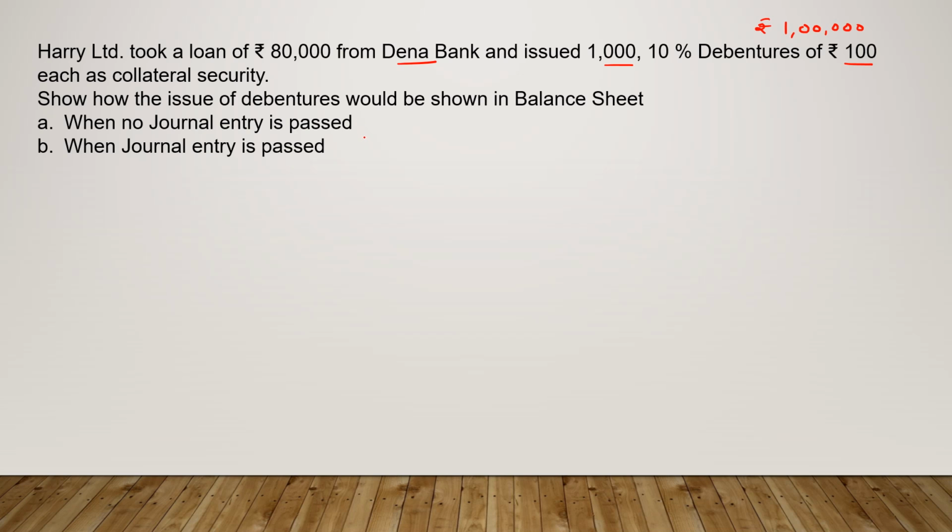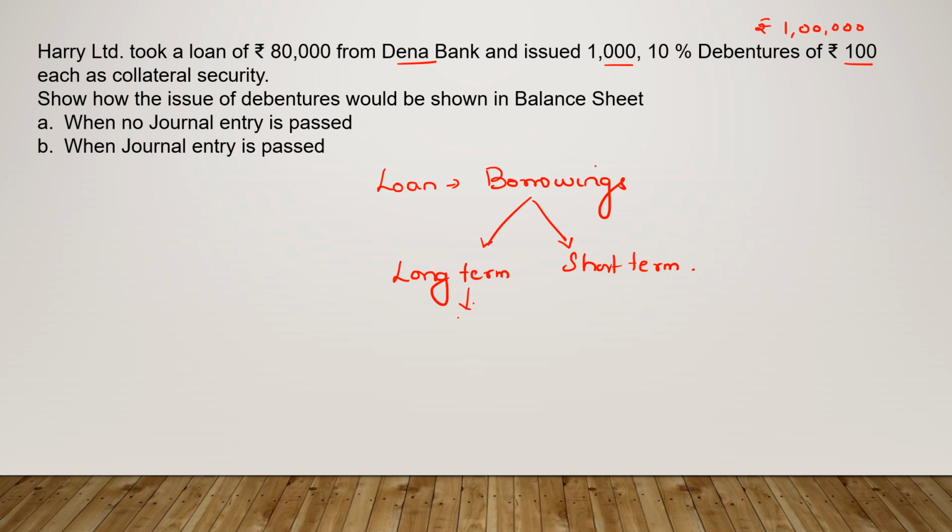An important point before this: here they have not specified what type of loan this is. Basically, a loan is nothing but the borrowings of the company. The borrowings can be of two types. It can be a long-term borrowing or a short-term borrowing. When it is a long-term borrowing, it is classified under non-current liabilities.